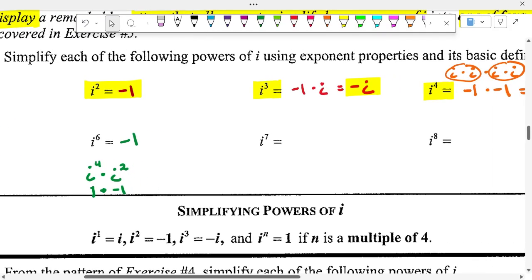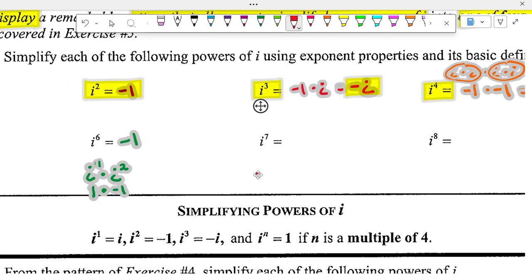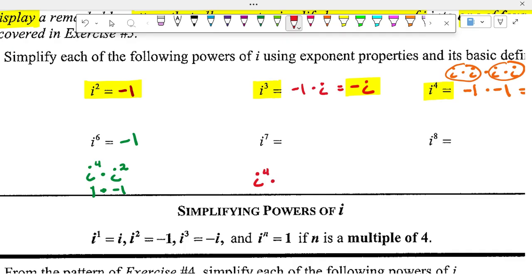I to the seventh. How could I rewrite that using an I to the fourth? So I to the seventh is I to the fourth times, how many i's do I have left over? 3. So I cubed. What's I to the fourth? 1. What's I cubed? Negative I. So what's 1 times negative I?